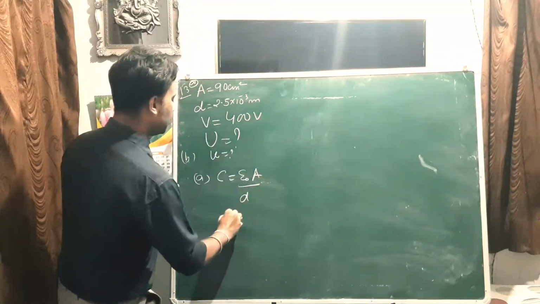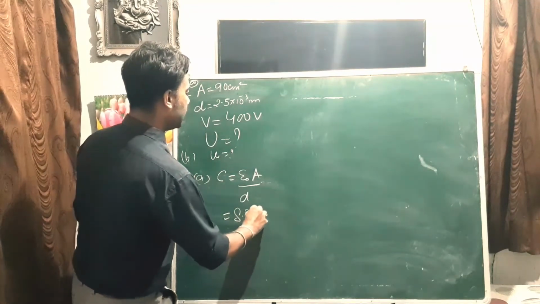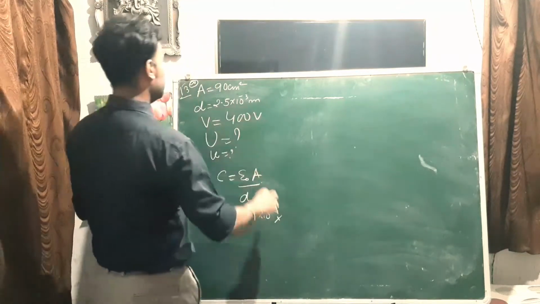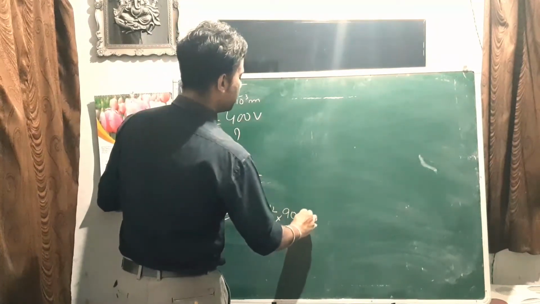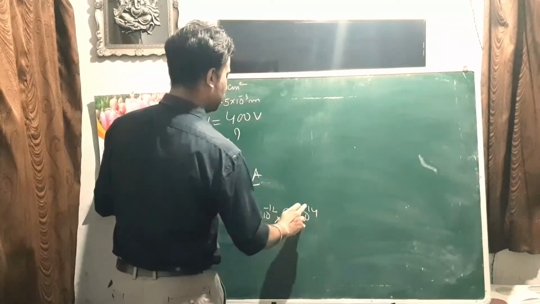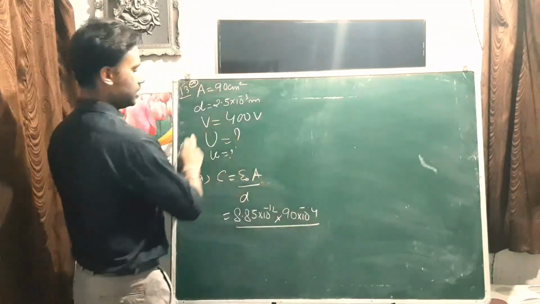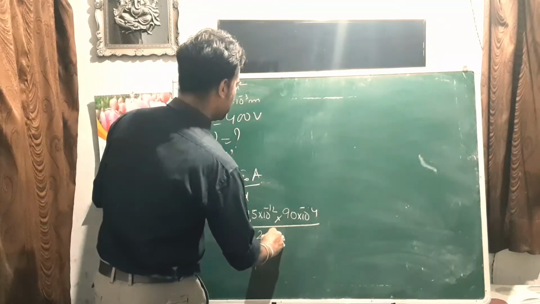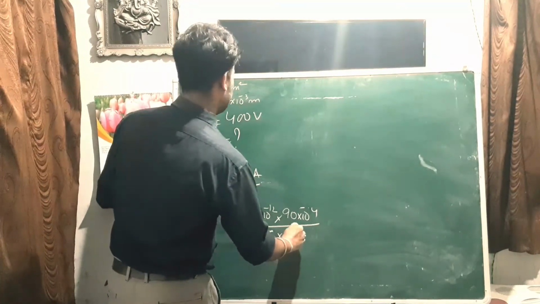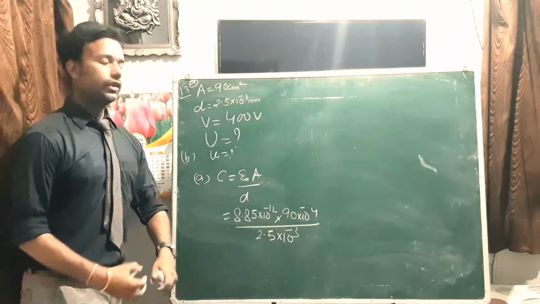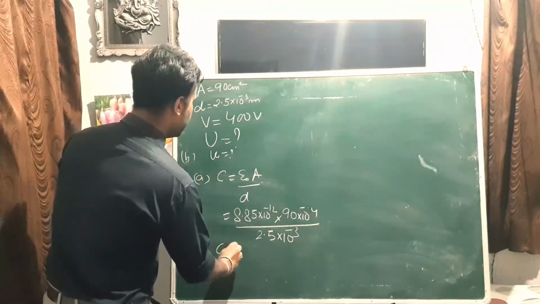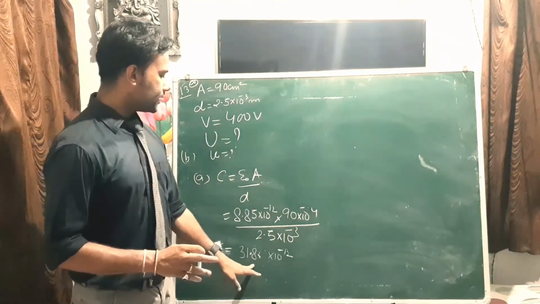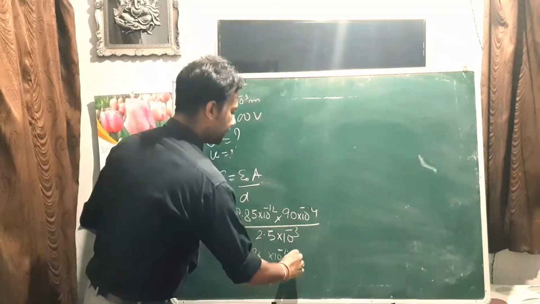So the value of epsilon naught is 8.85 into 10 to the power minus 12 into A, which is 90 centimeter square, so 90 into 10 to the power minus 4 upon D, which is 2.5 into 10 to the power minus 3. When you calculate this, you will get C equals 31.86 into 10 to the power minus 12 farad, right?